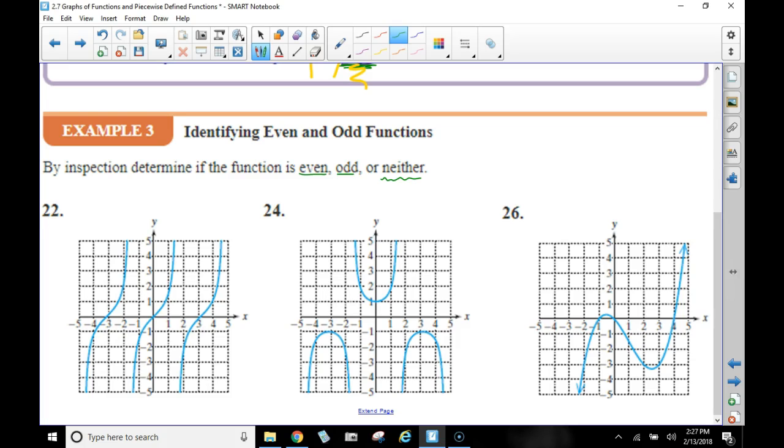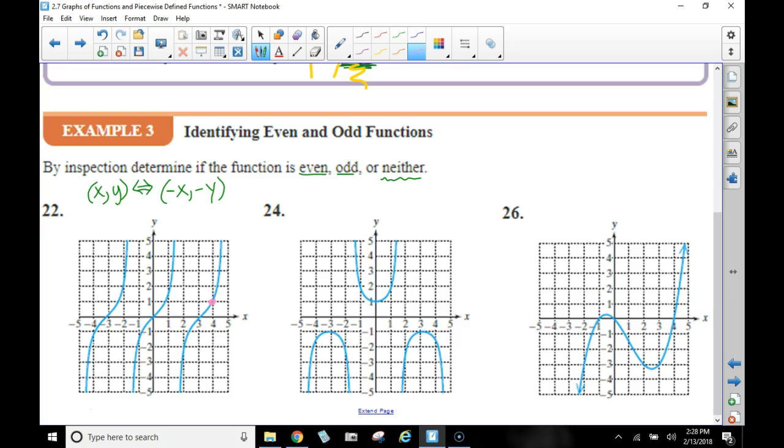Now, on number 22, this graph would be symmetric about the origin, because if we have an xy point on our graph, then we must also have a negative x, negative y point on our graph. Let me give you a couple of examples on number 22.